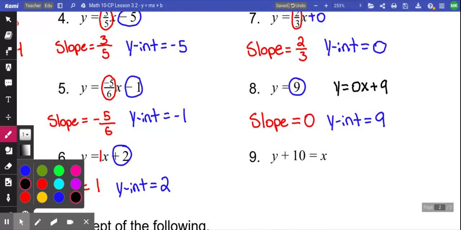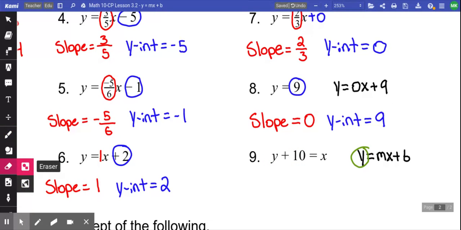And my last one is probably the trickiest because it's not in slope-intercept form. Slope-intercept form has to look like this. So slope-intercept form, you'll notice the y is by itself and there's nothing else on that side. On this question, the y is not by itself. It's y plus 10. So you need to move that number to the other side.